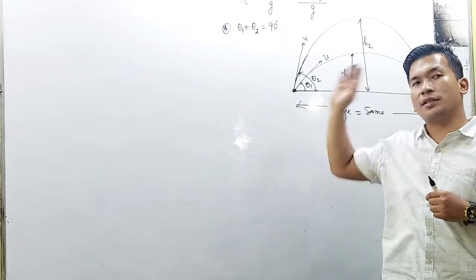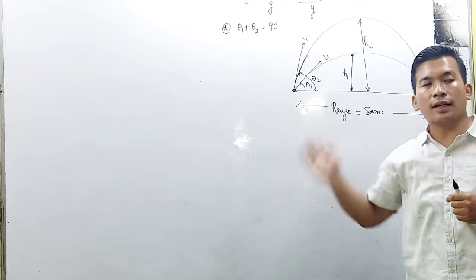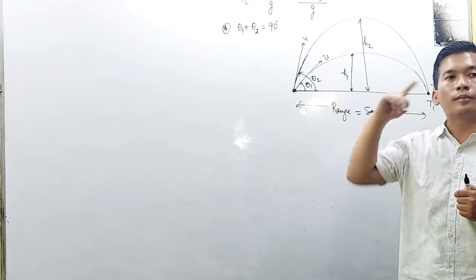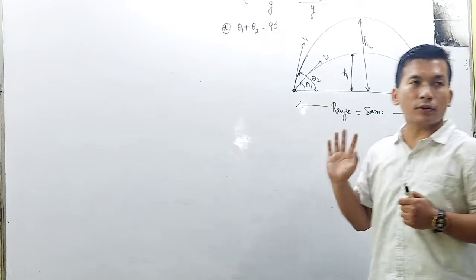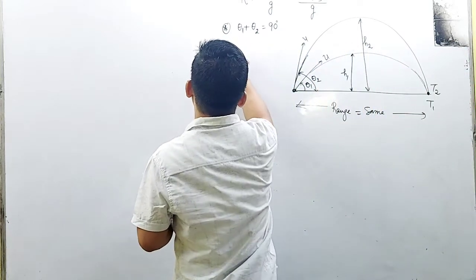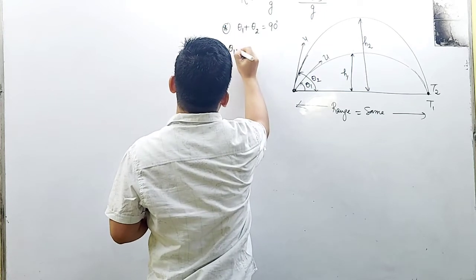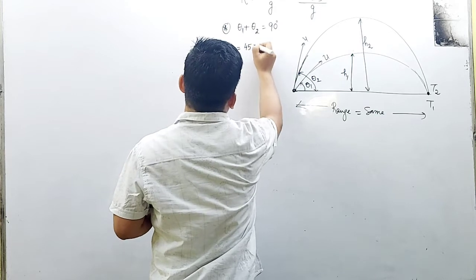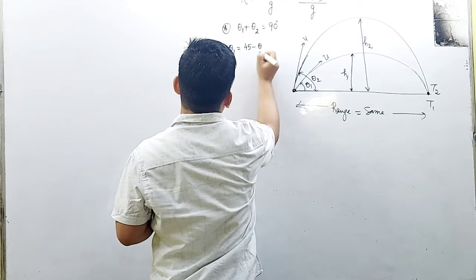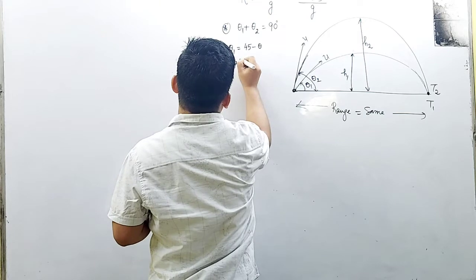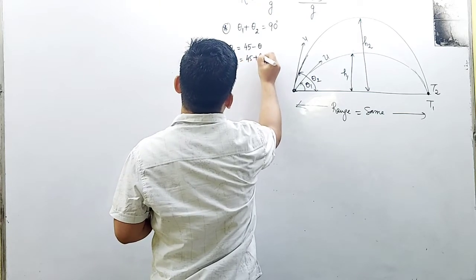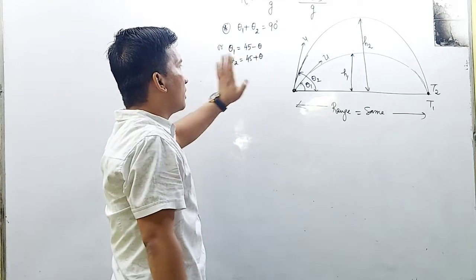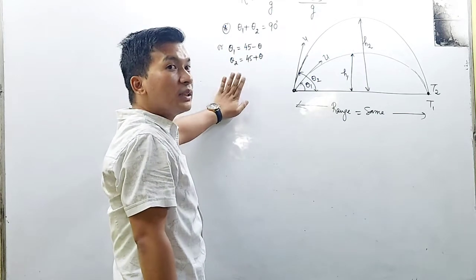If theta 1 is 60 degrees then theta 2 will be 30 degrees; if 50, the other will be 40. Theta 1 can now be written as 45 minus theta and theta 2 as 45 plus theta. The two angles can be expressed as 45 minus theta and 45 plus theta.